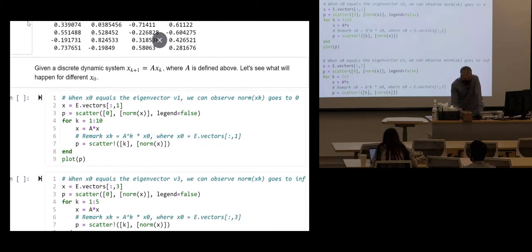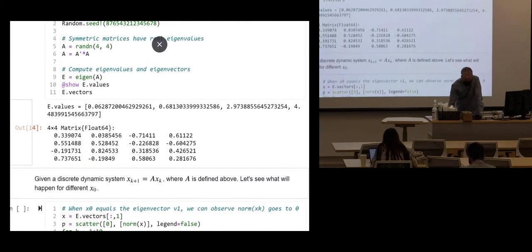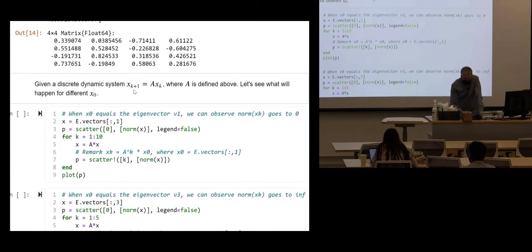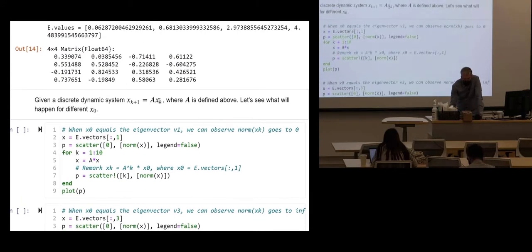Okay? So now we notice these eigenvalues. We have 2 of them in magnitude less than 1 and 2 of them with magnitude greater than 1. So what we're going to do is take the initial condition on this system. We're going to start the system on an eigenvector. A times the eigenvector is going to give us lambda times the eigenvector.